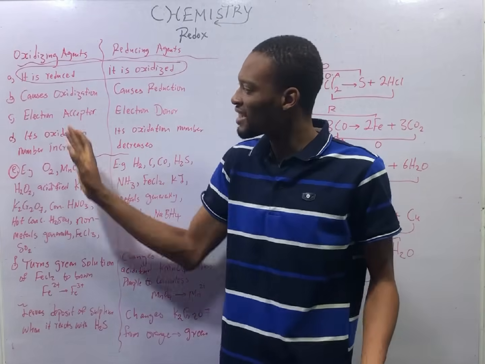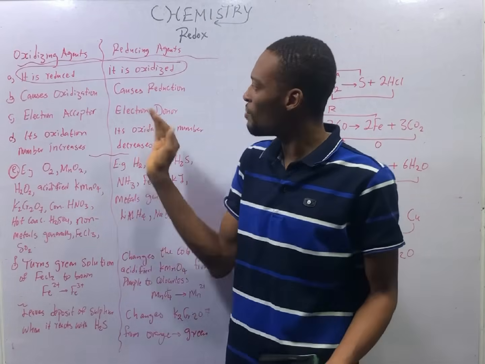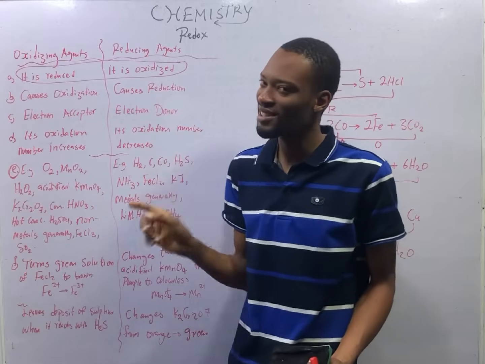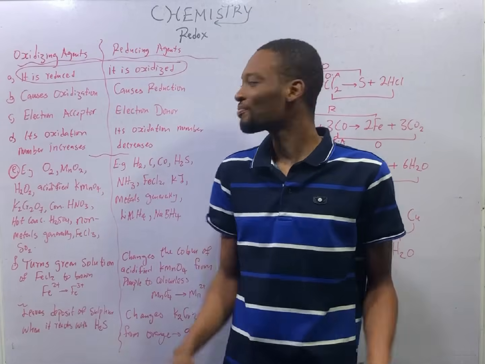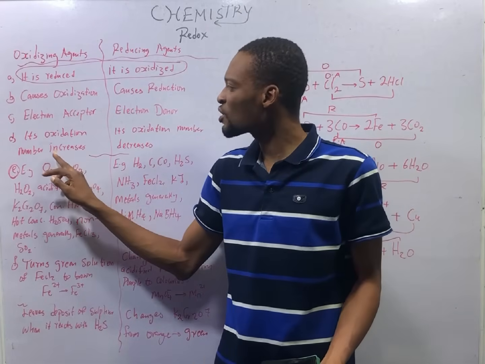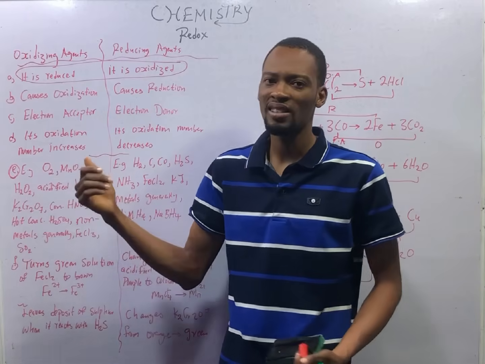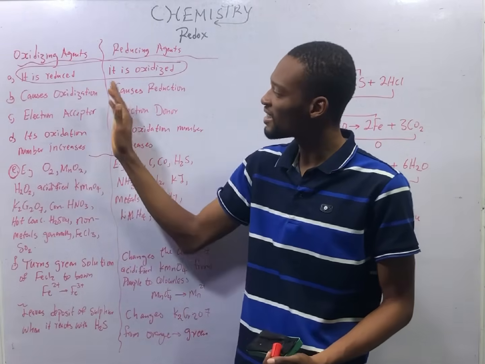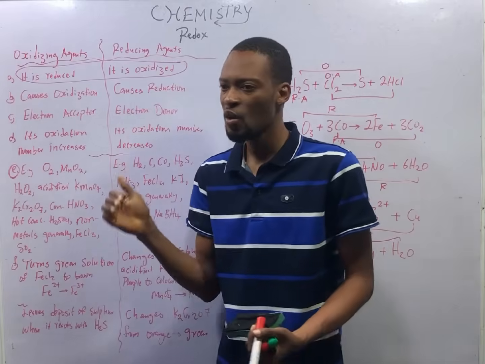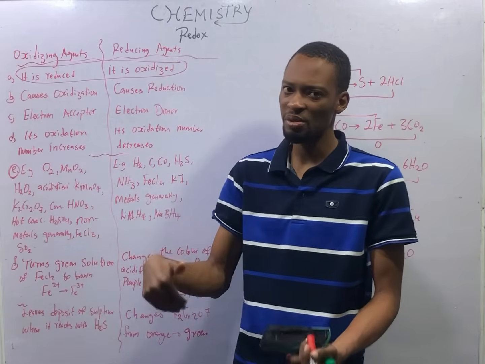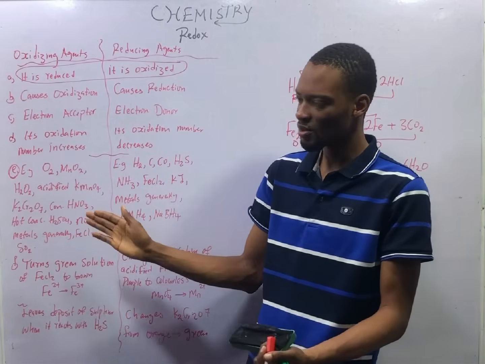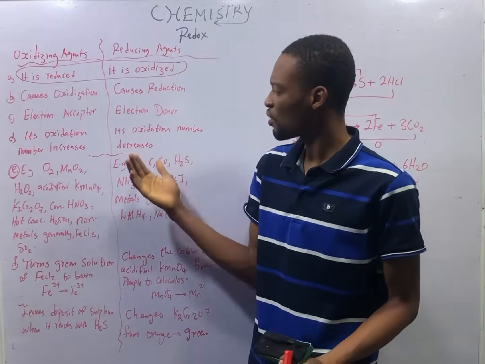Now, does it mean acids are oxidizing agents and bases are generally reducing agents? Yes, you are correct. For an oxidizing agent, the oxidation number decreases, because it has been reduced. It has gained electrons.